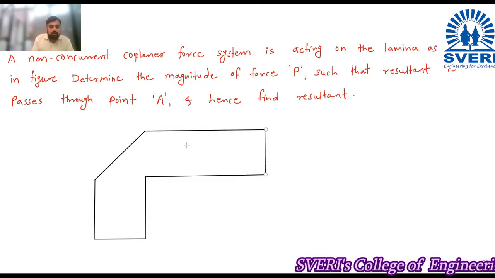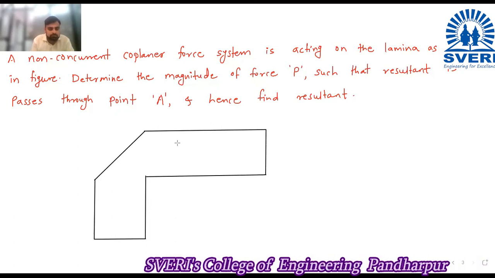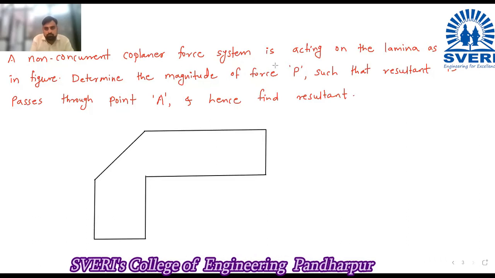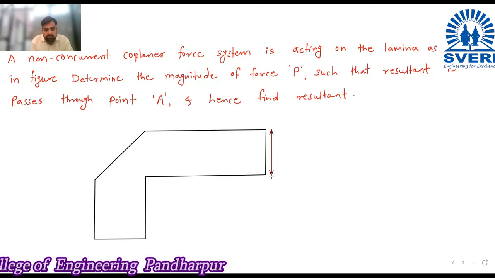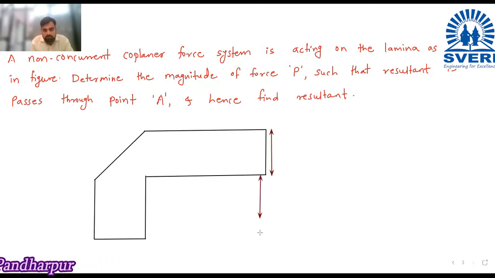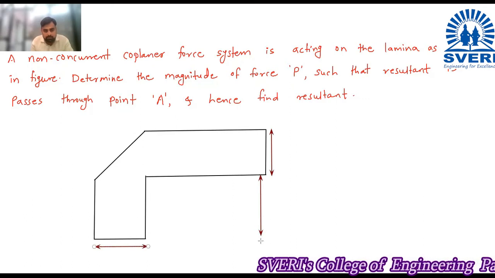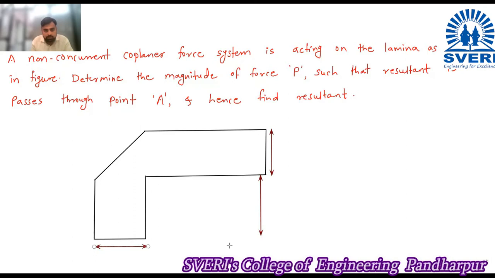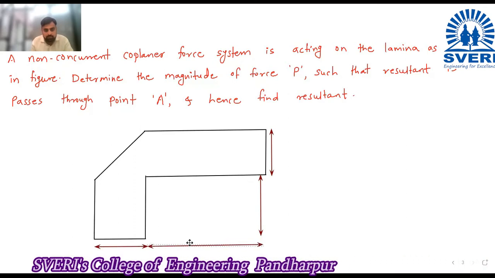This is the given diagram. Now we will mark the dimensions. This dimension is 0.3 meter, from this point up to the end is 1 meter, this is 0.5 meter, and from here to here it is 2 meter.